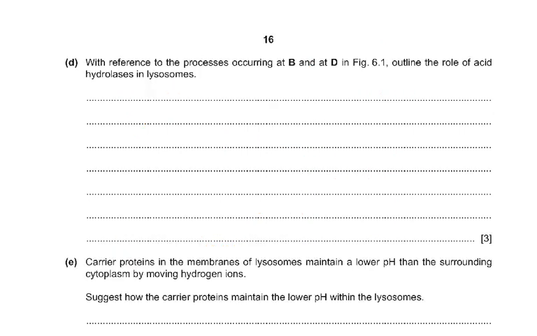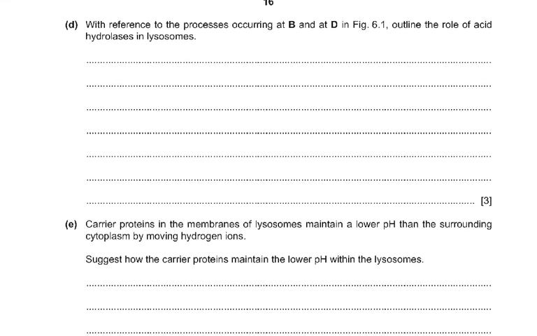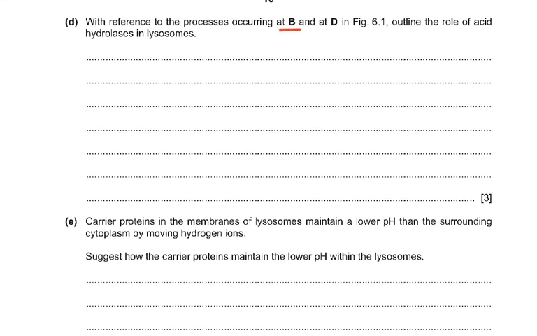Then coming to the D part of the question, with reference to the processes occurring at B and at D in figure 6.1, outline the role of acid hydrolases in lysosomes. Acid hydrolases, what do they do? They break down or destroy the bacteria. They destroy the organelles, or if you're going to say the named organelles, or some organelles which are worn out.